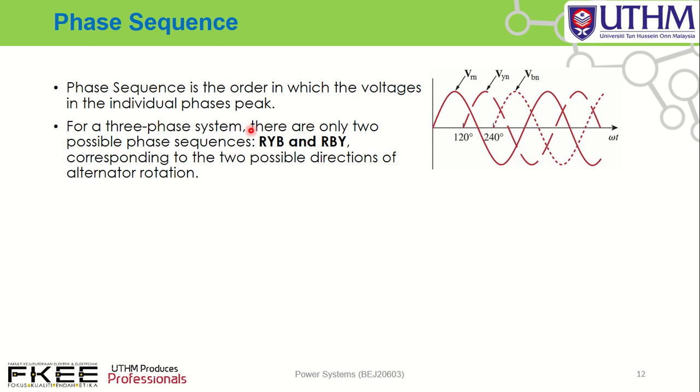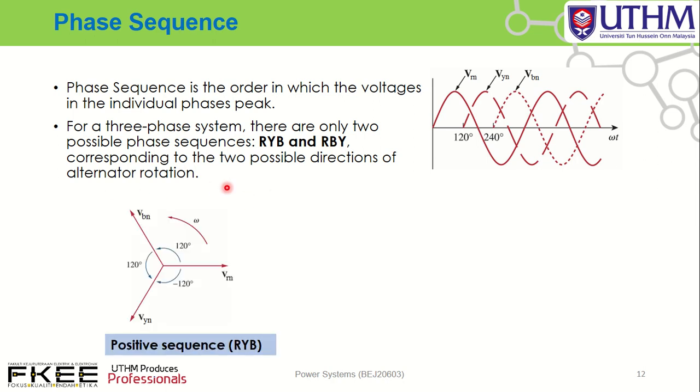This phase sequence basically depends on the coil winding of the generator. Commonly we have two different windings, RYB and RBY. RBY means R comes first, followed by B phase, and the last one followed by Y phase. This is the direction of the alternator rotation.